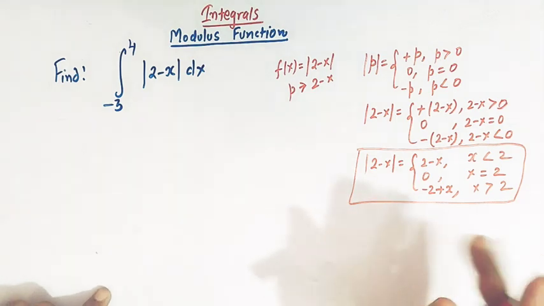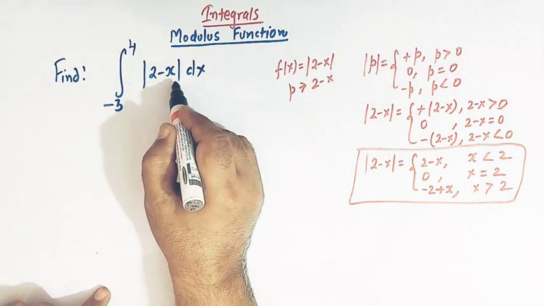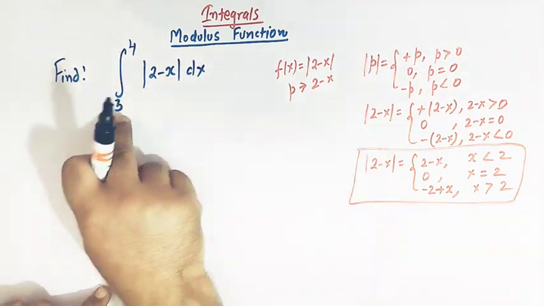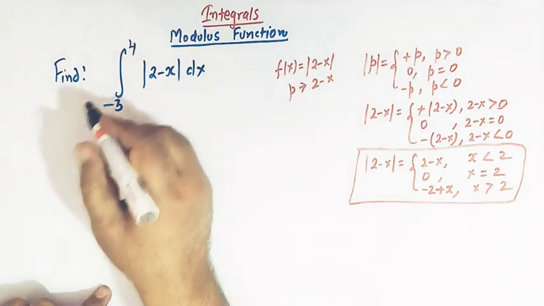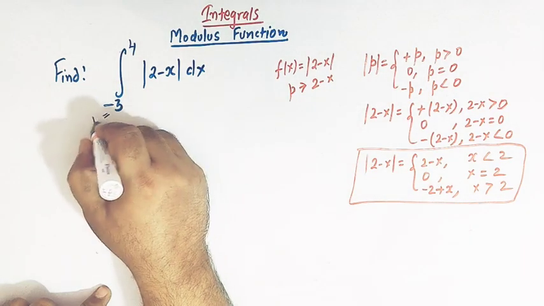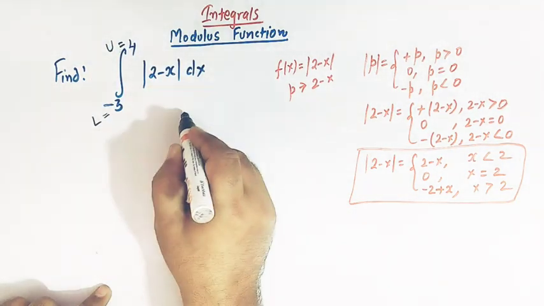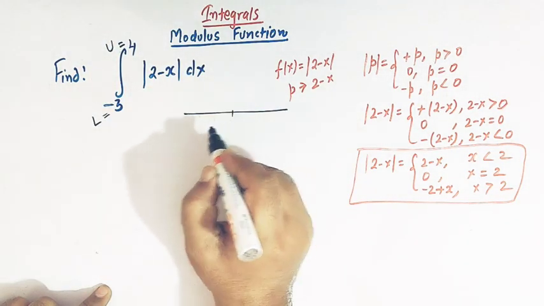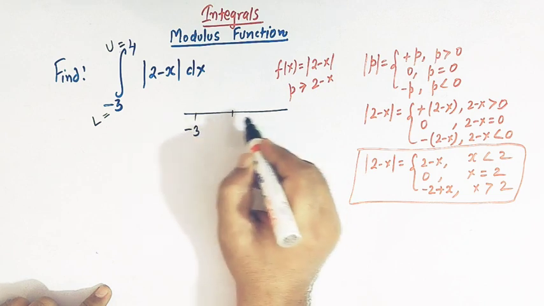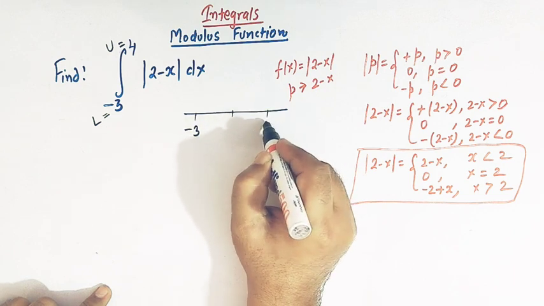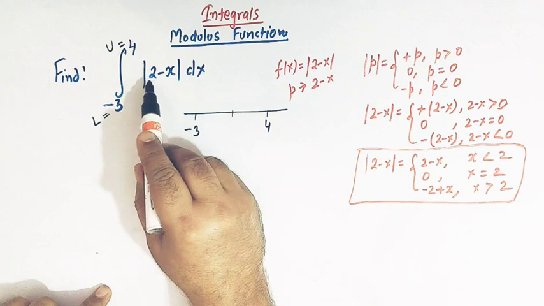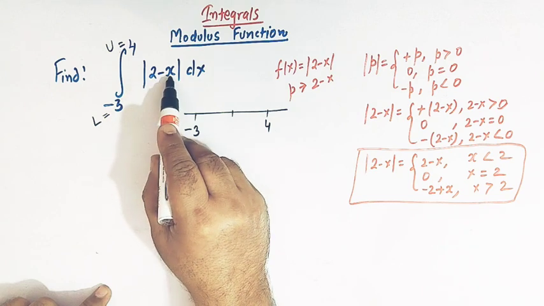So now once we have defined mod of 2 minus x, let us take care of the limits, right? The lower limit is -3 and the upper limit is 4. And see, here we have mod of 2 minus x.